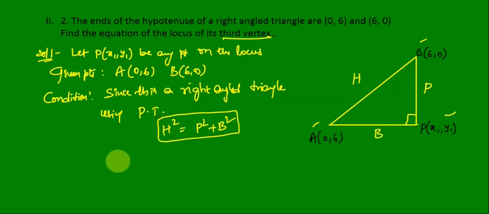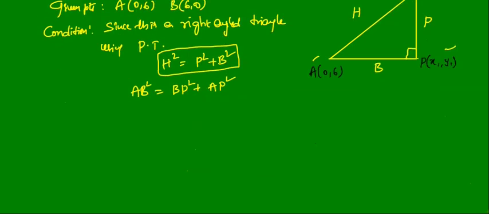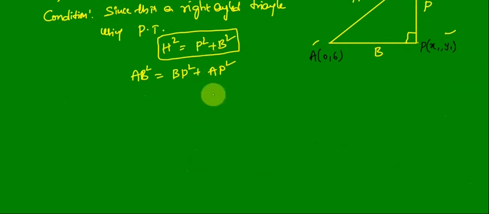So what is your hypotenuse? Hypotenuse is nothing but side AB square. AB square is hypotenuse, and the perpendicular is BP square plus what is the base here? AP square. Right. So we'll find the distance between AB square and BP and AP.